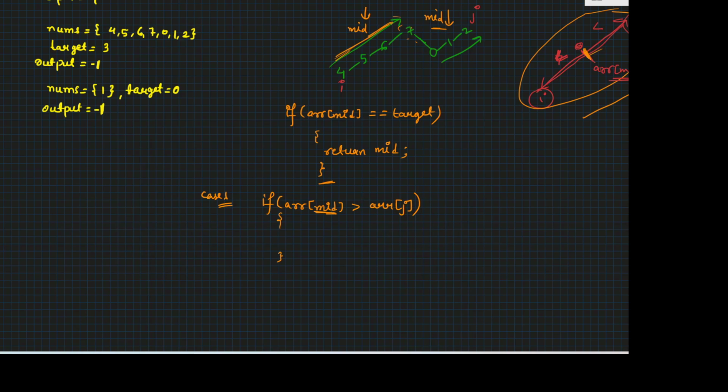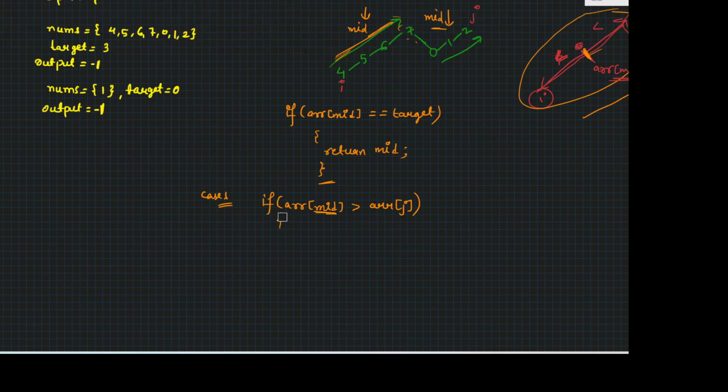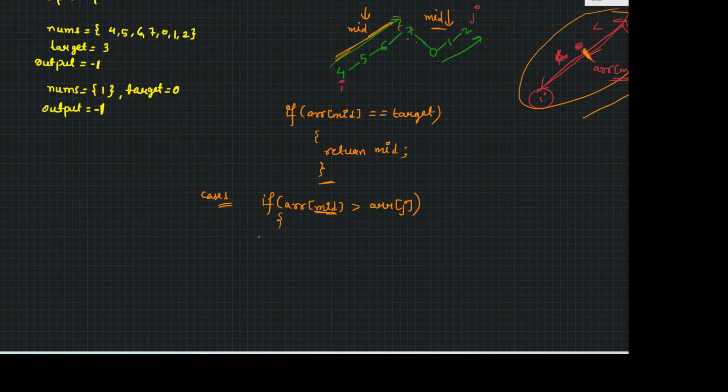So we have to check one more condition. If it is true, then we will check if the target, the element that we want to search, is smaller than ARR[mid] and the target is greater than or equal to ARR[i].